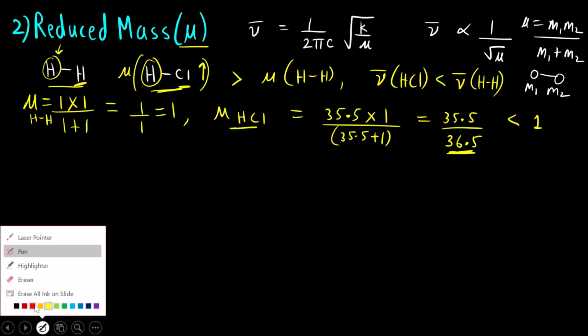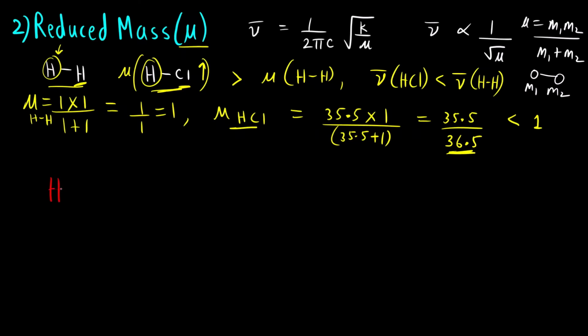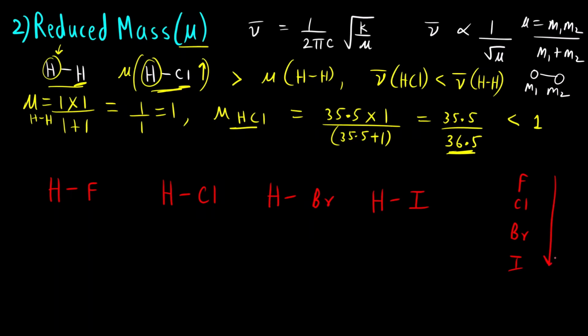Suppose I take some other bonds: hydrogen-hydrogen, hydrogen-Cl, hydrogen-Br, and hydrogen-iodine. Or instead of hydrogen, suppose I take fluorine, chlorine, bromine, iodine. As we go down the group, atomic number increases and mass also increases.